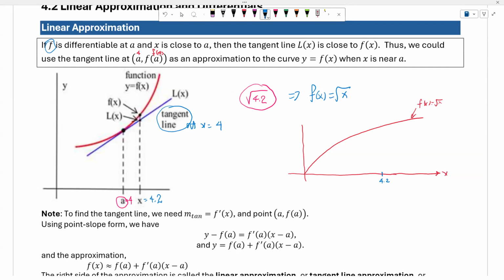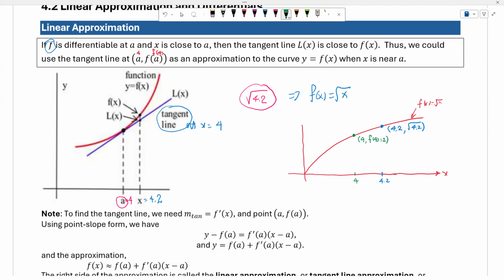The output here will be the square root of 4.2. This is what we're looking for. Now, if this is the 4 right here, this point will be 4, f of 4, which is 2.